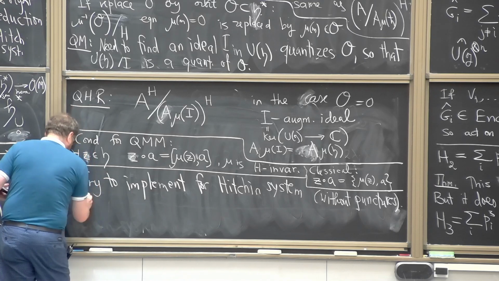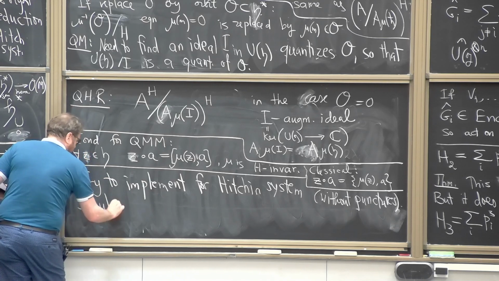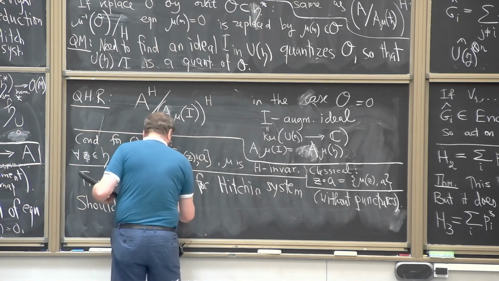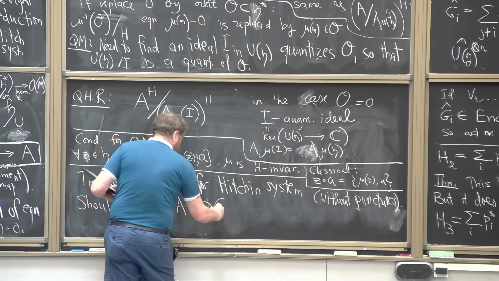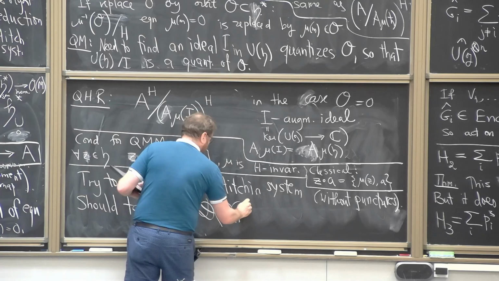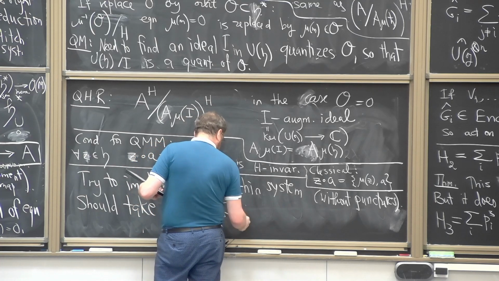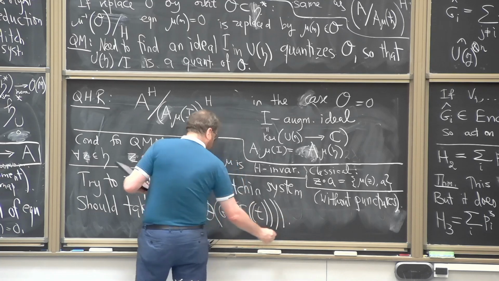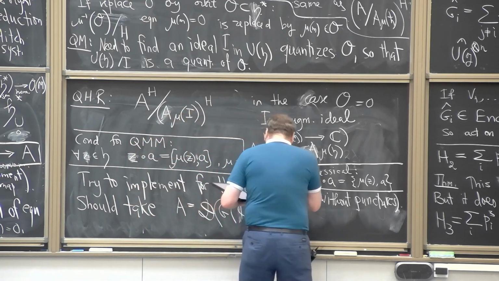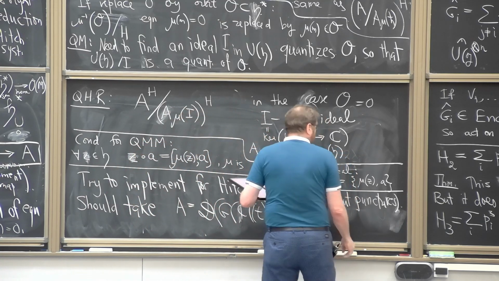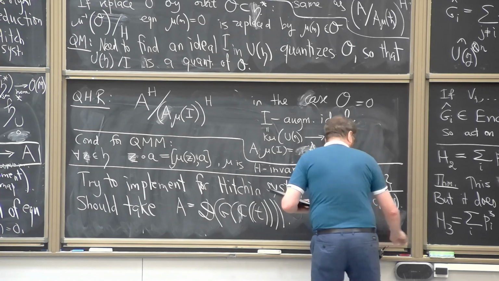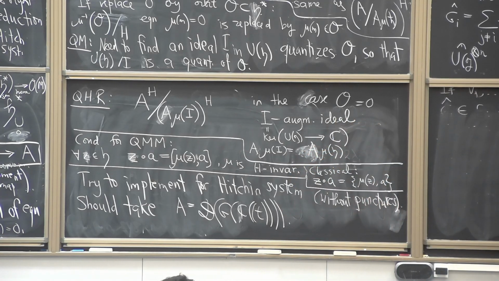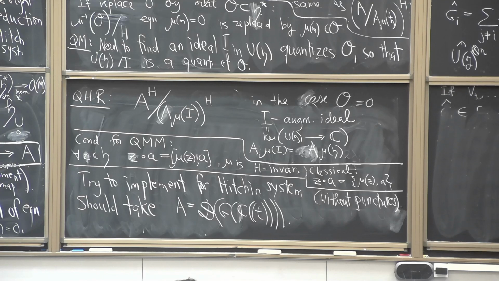So we should take the algebra of differential operators on this huge infinite dimensional group G of C of t, which is a loop group. And then we should construct, quantize some functions there.